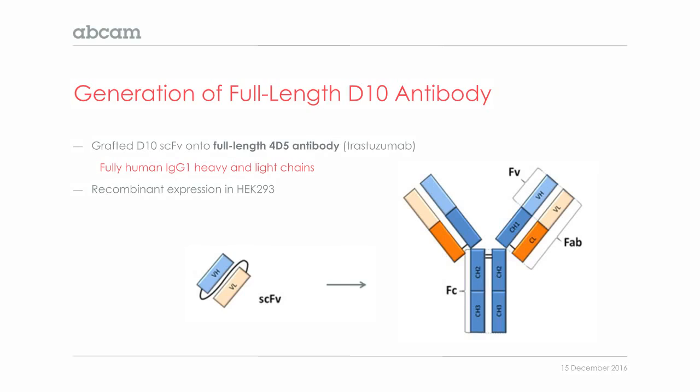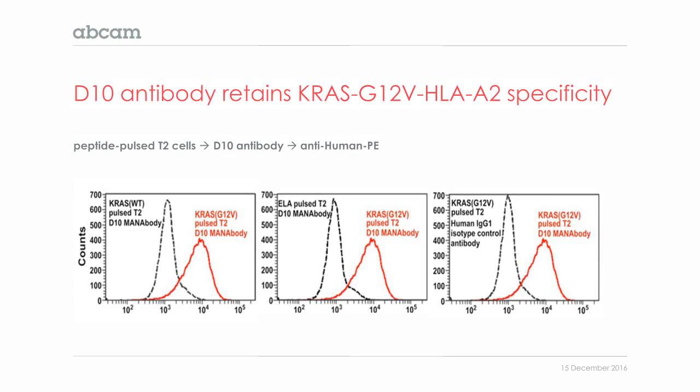Then we transfected plasmids with the heavy and light chains of our D10 antibody into HEK293 cells for recombinant expression. As frequently with scFv grafting, sometimes the scFv does not retain its specificity as a full-length antibody, so we did various downstream assays to confirm that our antibody retained the D10 specific binding.